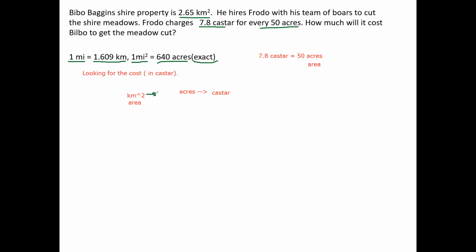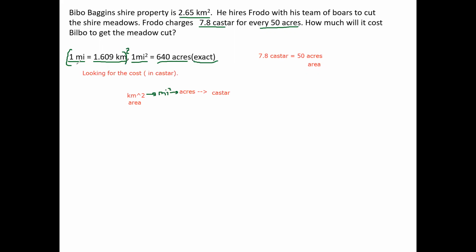So we're going to go from kilometers squared to miles squared to acres. And again, the reason we want to go from kilometers squared to miles squared, if we look at our conversion factors, the link between kilometers and acres is the mile. But first, before we do this, we need to know how many kilometers squared are in a mile squared. So we're going to have to square this conversion.